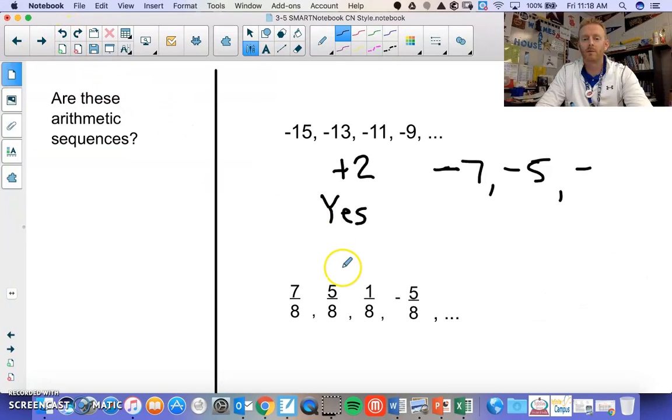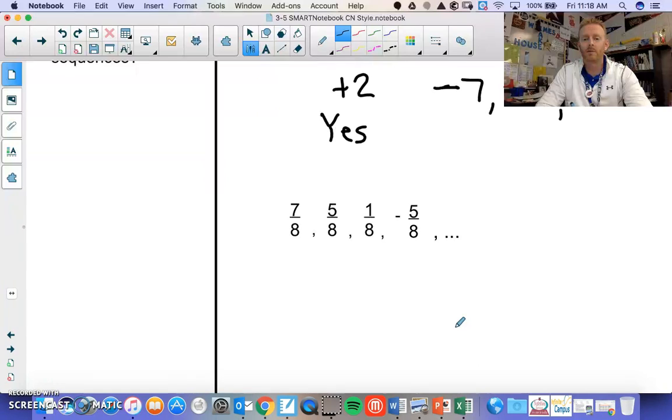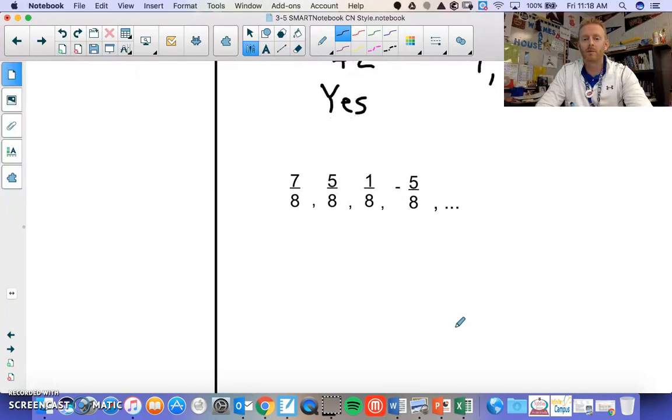All right, so the next one is where you guys get all freaked out. It's a fraction. I understand that. But they all have a common denominator, so that's exciting. All we've got to do is look at the numerators then, because the denominators will help us out. So we went minus 2, and then minus 4, and then minus 6.